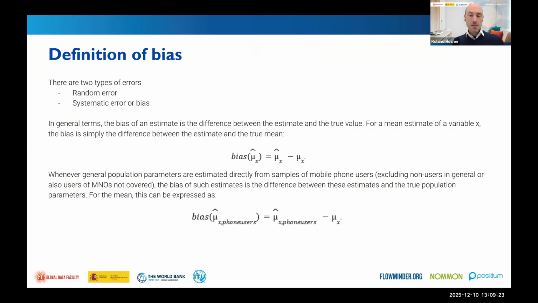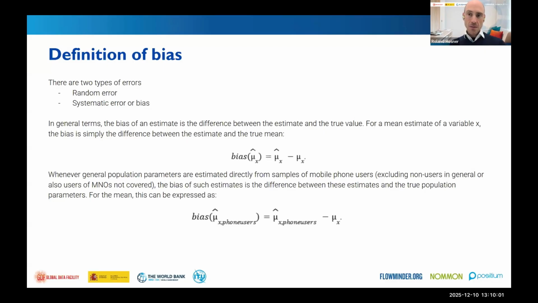How do we define a bias? First of all, the important distinction to be made is between two types of errors, systematic and random errors. Random errors are less problematic in the sense that we usually have a model to assess their distribution. If we draw a random sample of a certain sample size, we can calculate the range of deviation that we expect from a certain sample size.